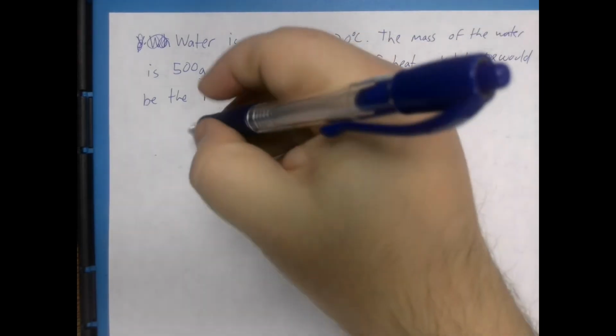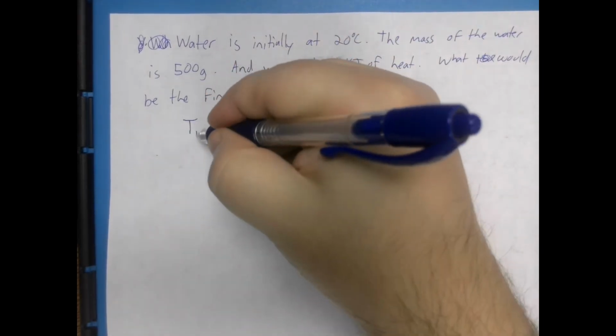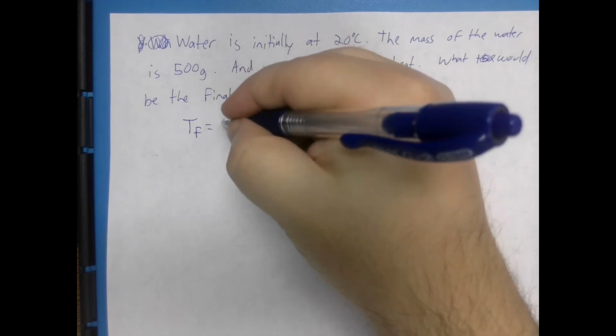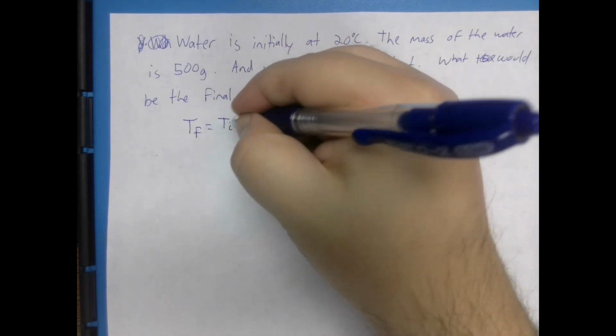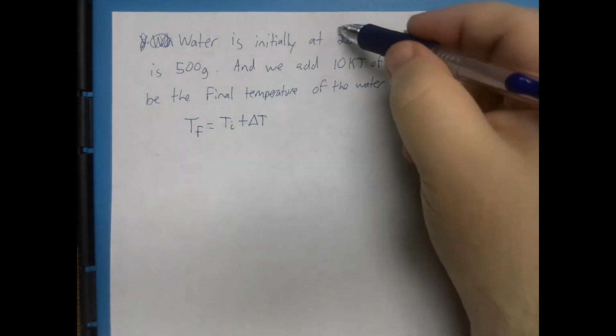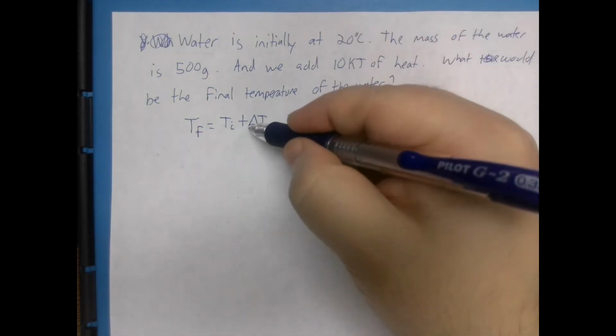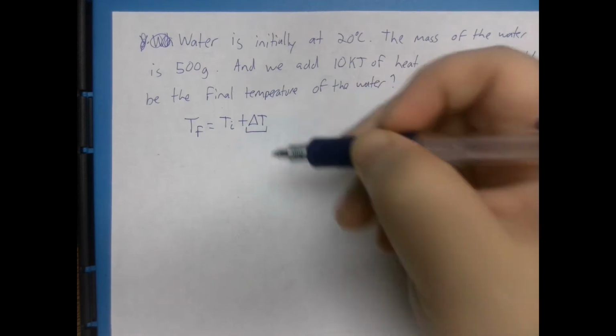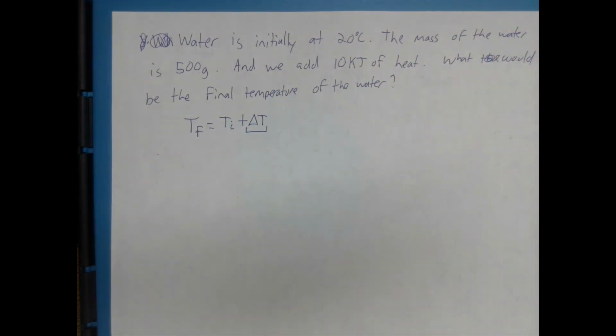Recall that final temperature is equal to initial temperature plus whatever temperature you change. We're given initial temperature, so all you have to do is solve for change in temperature and add it to initial. I'd add this equation right here to the bottom of this somewhere.